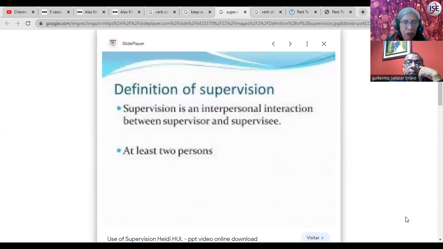So supervise is an interpersonal interaction in which one person watches carefully, keeps an eye on another person or group of people, to define if the things are well done or not, to check if something is right, if some procedure is followed, etc.